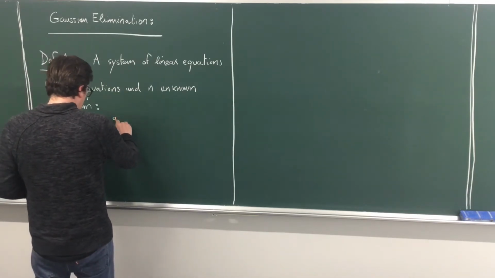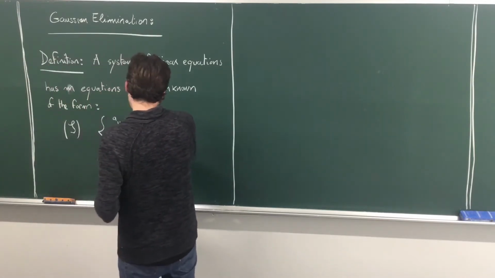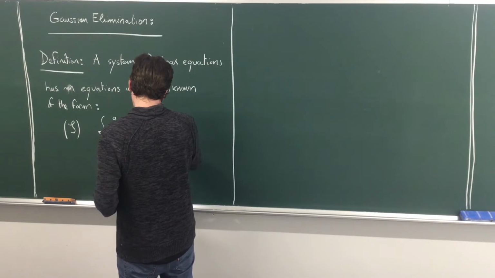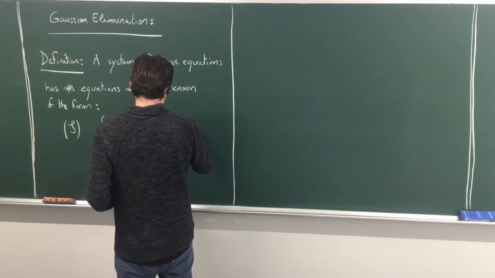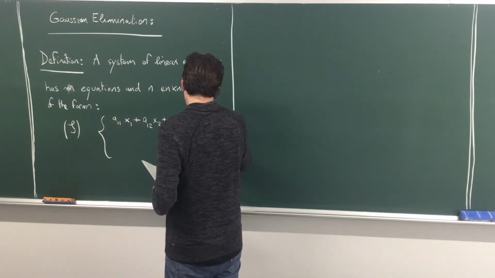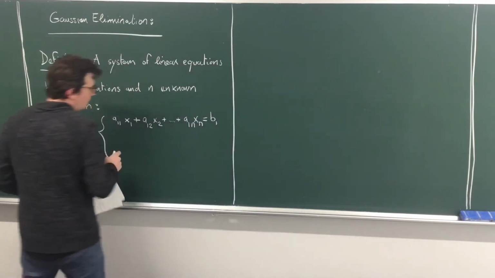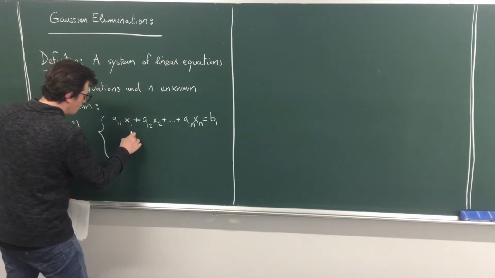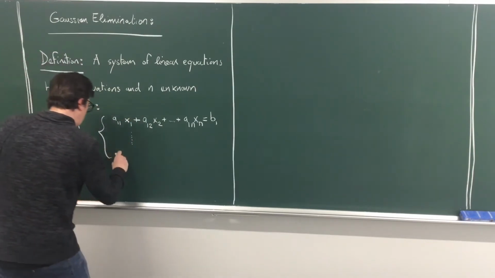They are linear, so linear means that these are equations of the type a11x1 plus a12x2 plus dot dot dot, the last one, a1n xn equal b1. Okay, so this is equation 1. The last equation, so we have m equations.